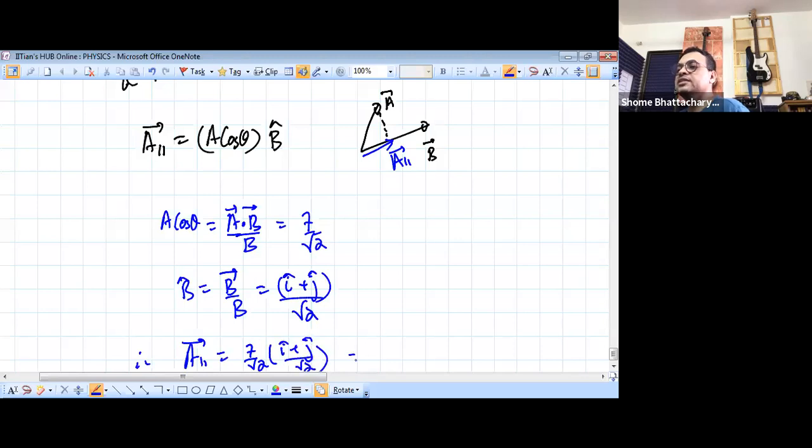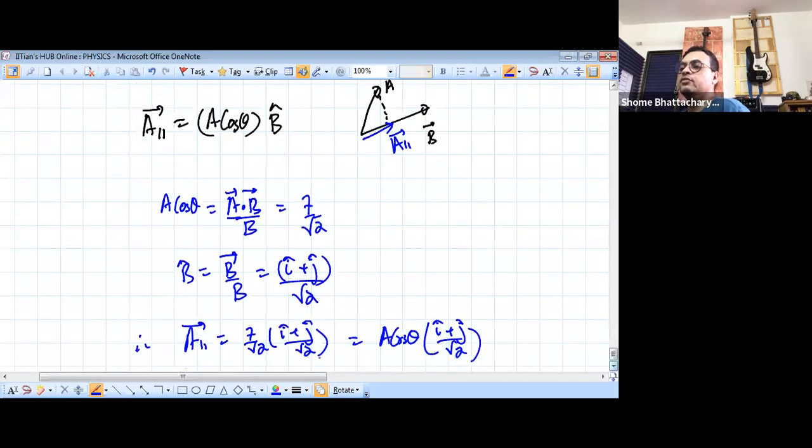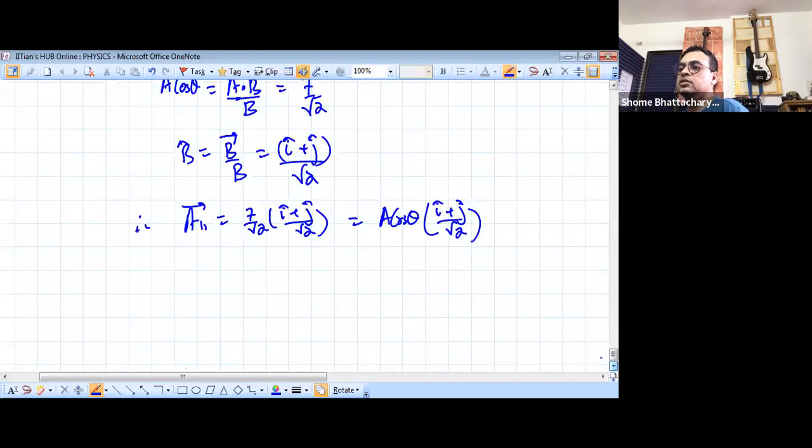But if you notice, in the answer it is given in this form: E cos theta into i cap plus j cap divided by root 2. In the options, they have not found the numerical value, so you have to be alert. If you find the numerical value, it becomes 7 by 2 into i cap plus j cap. But the options are not given in numerical form.